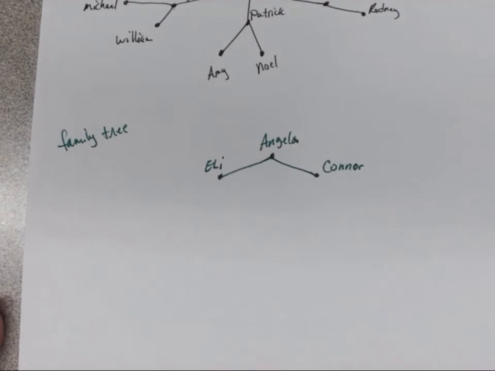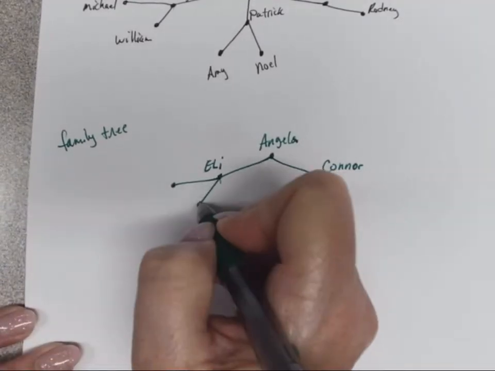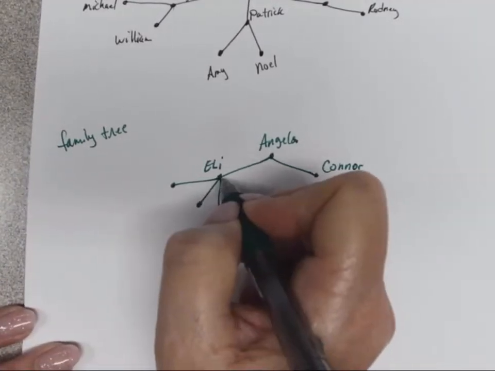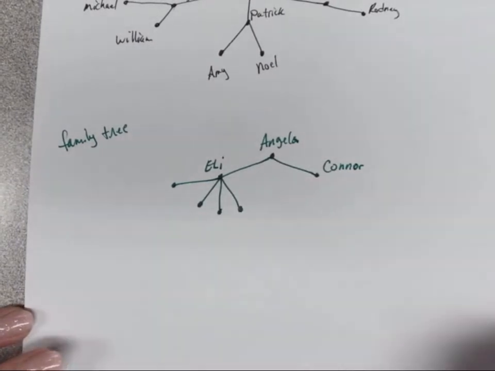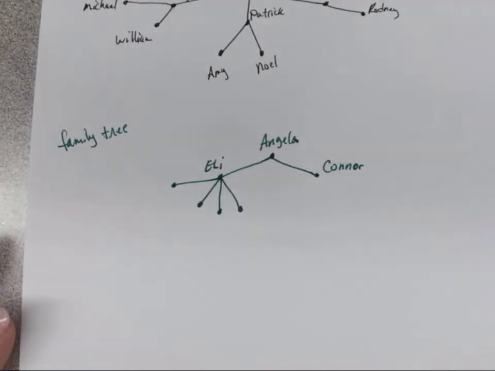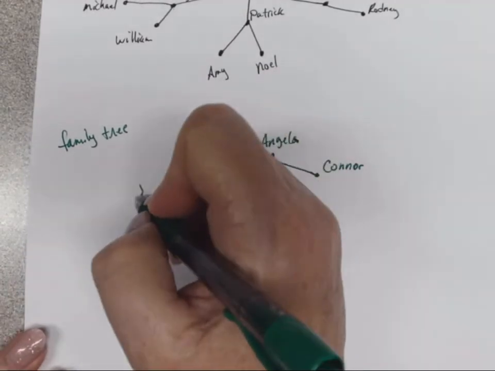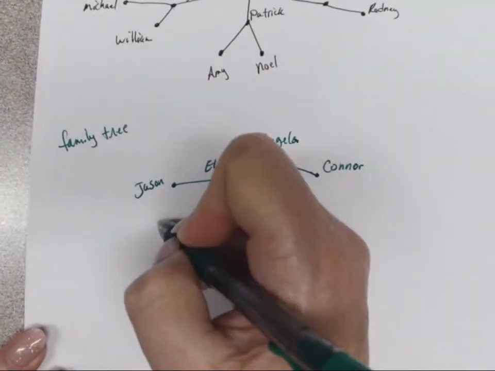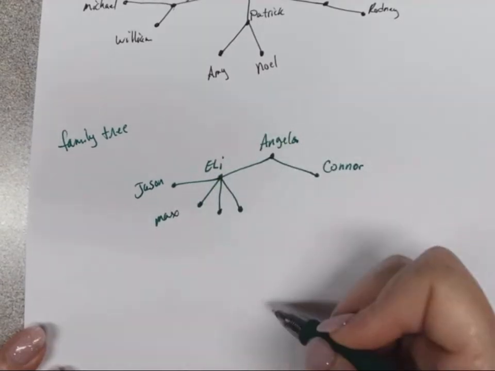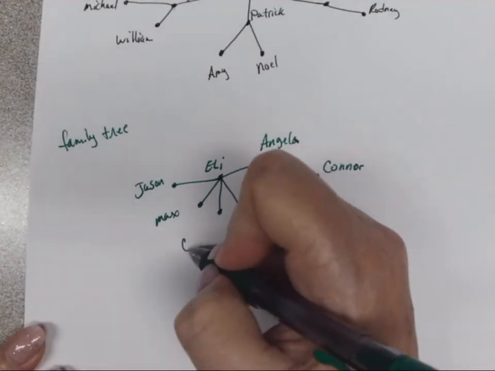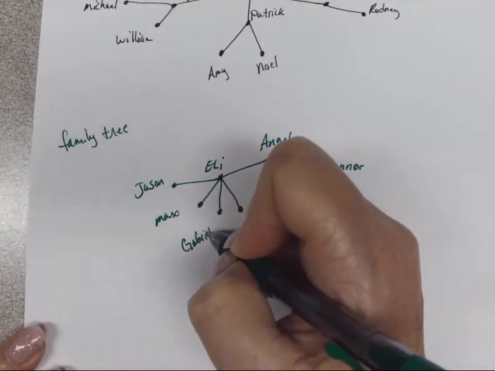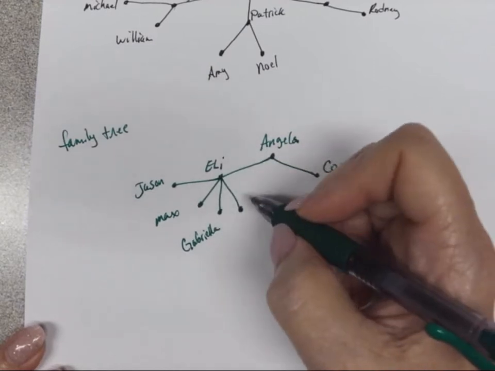And Eli has 4 children, so that means Eli is going to get 4 branches off of him. And his 4 children are Jason, Max, Gabriella, and Tony.